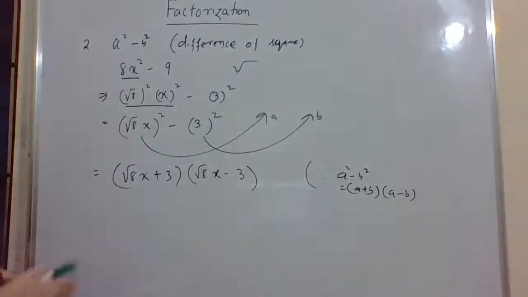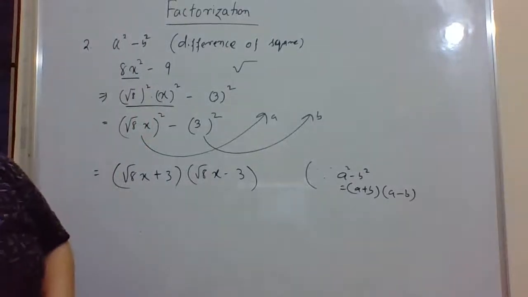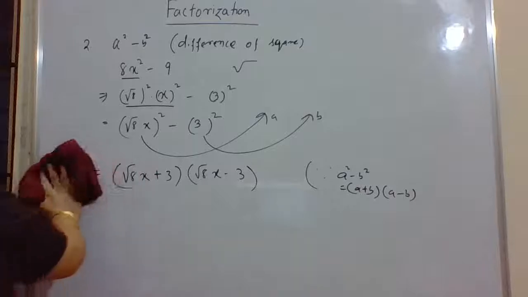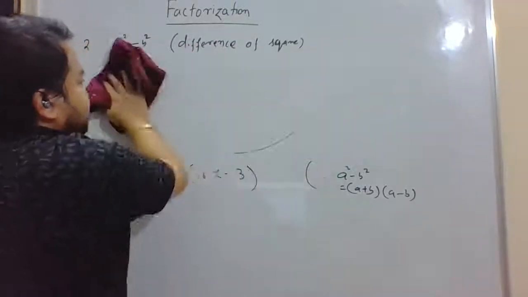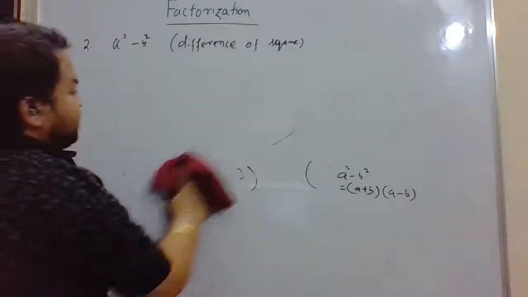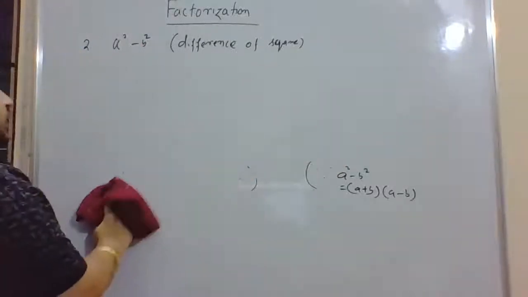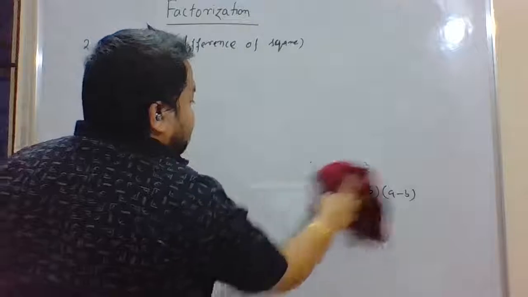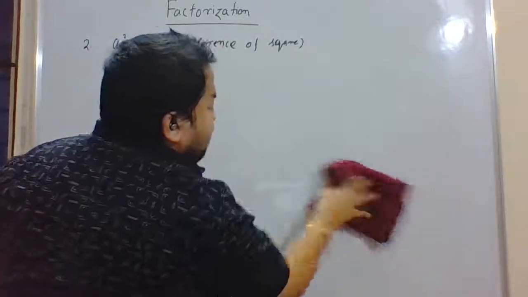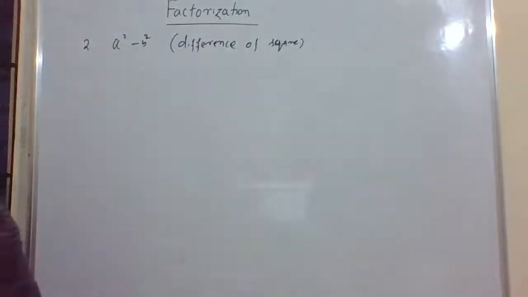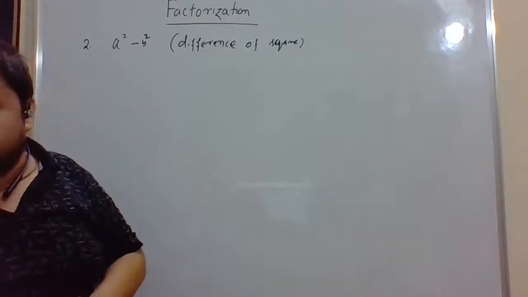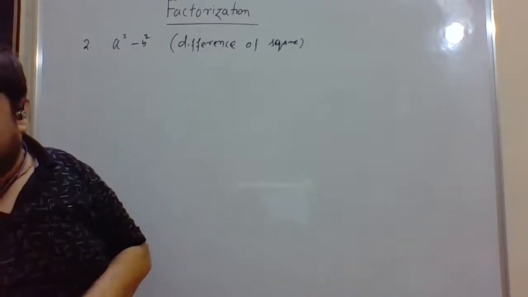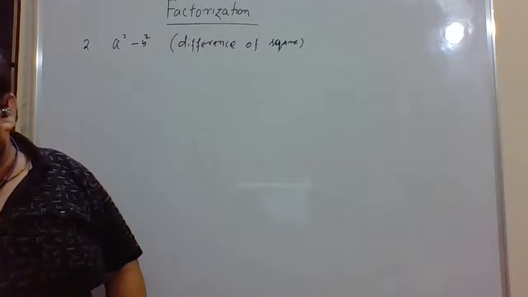Okay, let's solve one more problem on this, and we will know it a little better. So what did you understand in this problem? That in the a square minus b square format, any of those terms can also be a radical. I mean, sorry, it may be a surd as well. So it need not always be a fully square term.